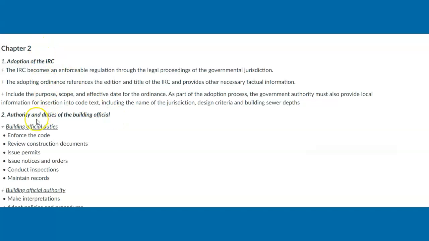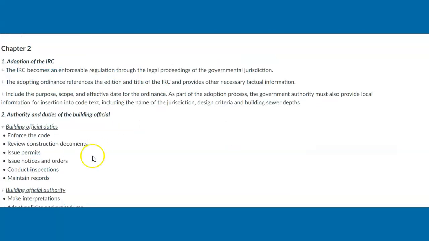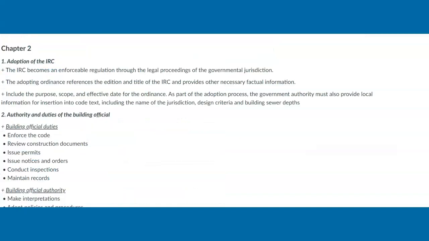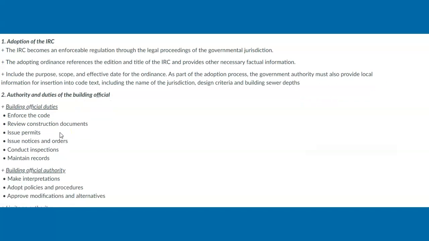So chapter 2, section 2. Chapter 2, oh, it is adoption of the IRC. And then authority and duties. Oh, that's adoption, see, number 7 is authority and duties. So that's what this person did, is they just wrote them in numerical order. No, they need to be the numbers that were randomly selected, okay?